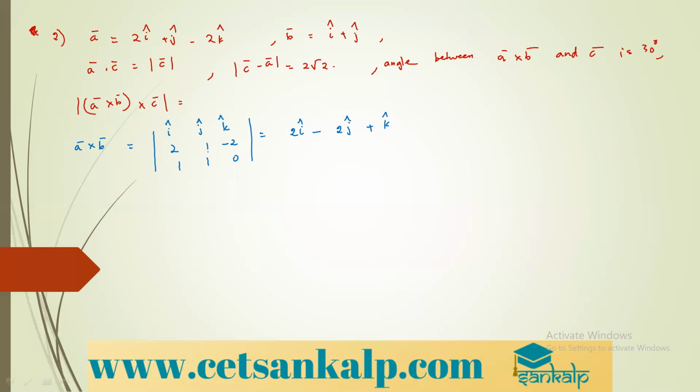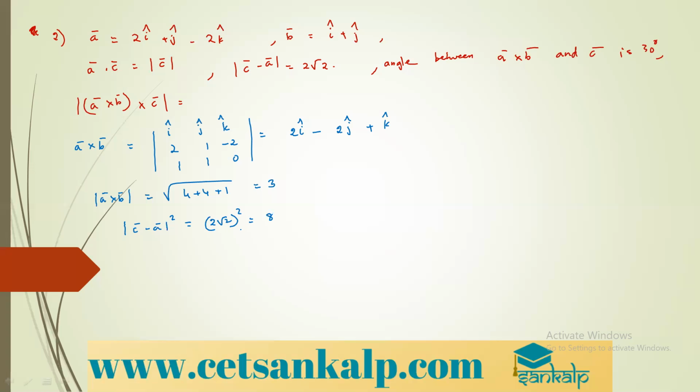So what we will have, 0 minus of minus 2. Okay. Then we will see magnitude of A cross B. It is square root of 4 plus 4 plus 1, that is square root of 9, that is 3.